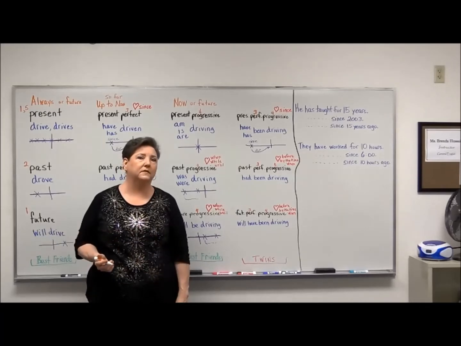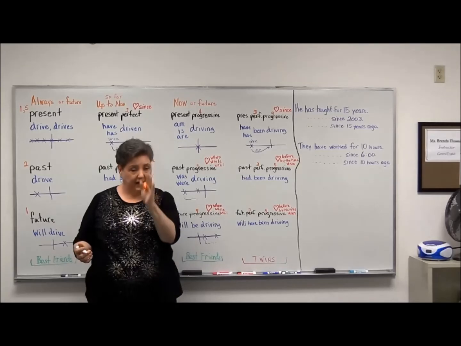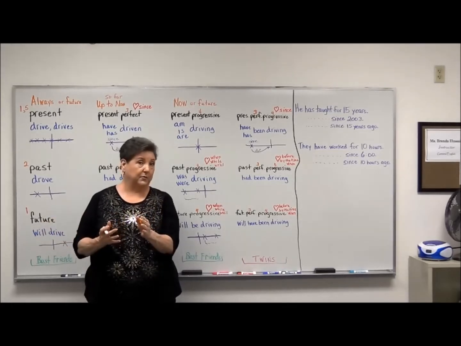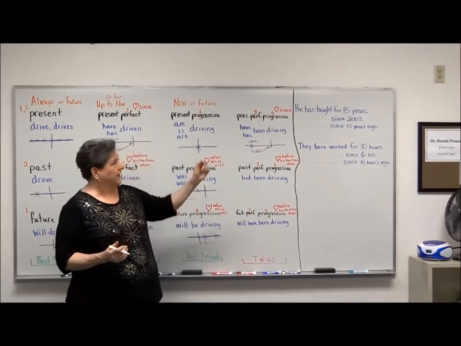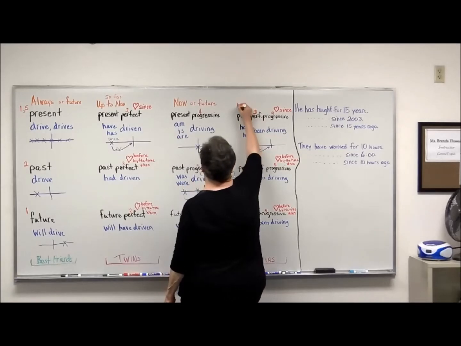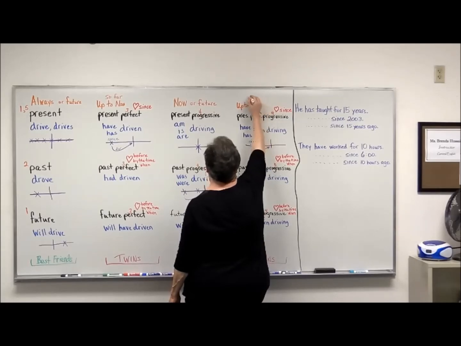Remember what perfect means? Perfect means finished, completed. So right now, this much is completed. That's the meaning of the present perfect. And this is the twin. So it means exactly the same. Up to now, or so far.